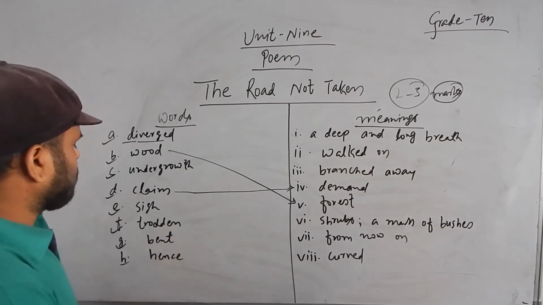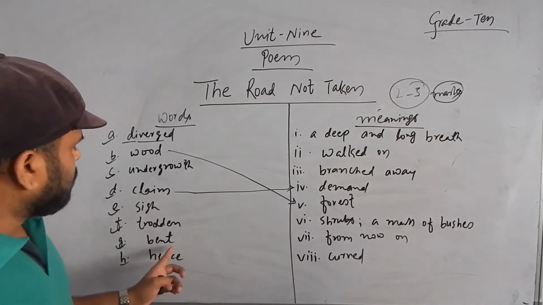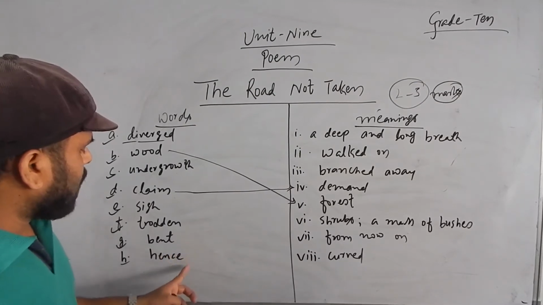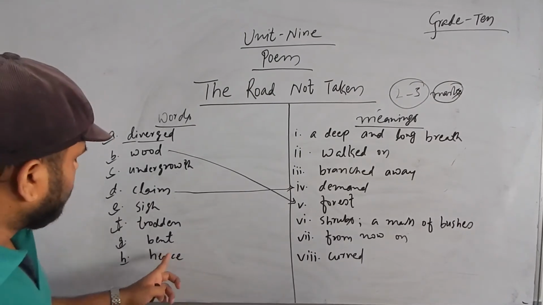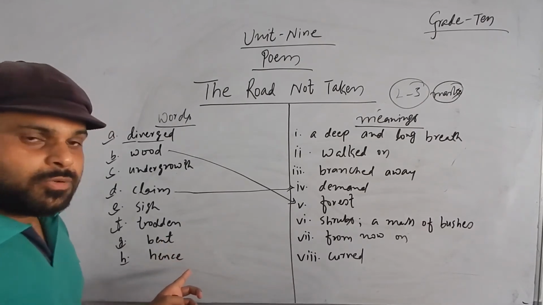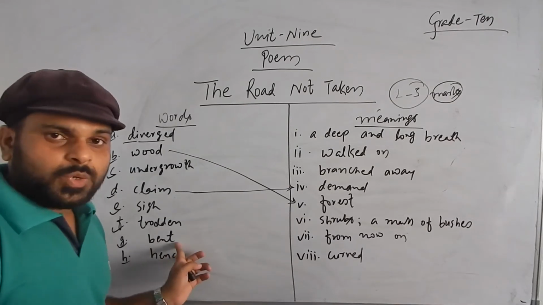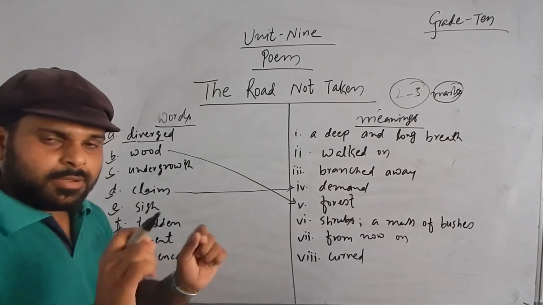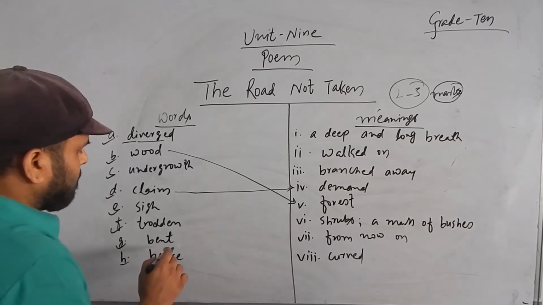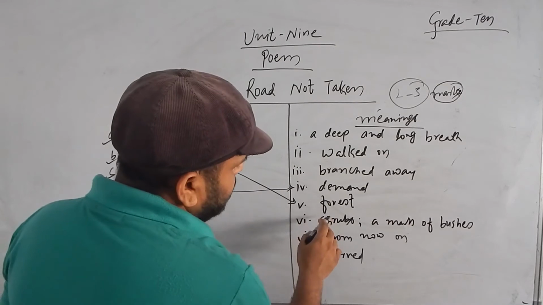Sigh, S-I-G-H, sigh. Trodden, bent, hence. Among these four words, most of you have listened about bend and hence. So first of all, try to match the last two ones. Bend. It's the V2 of bend. So what is the meaning that matches with the bend here?